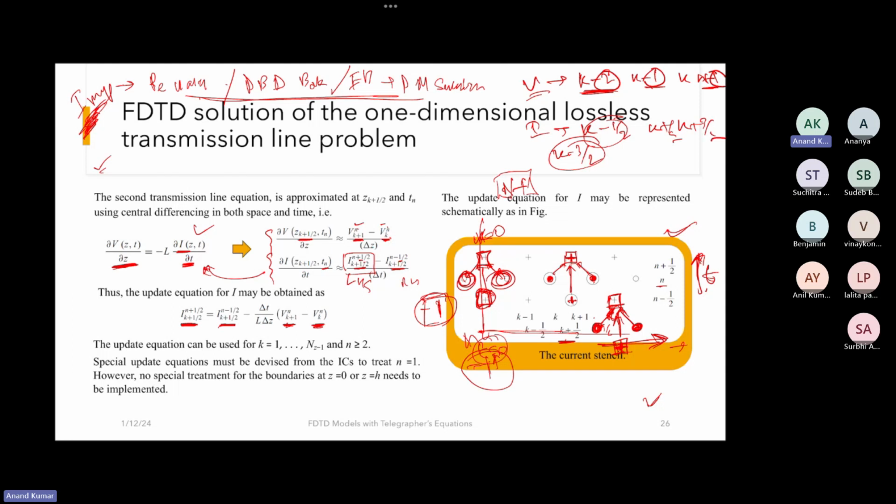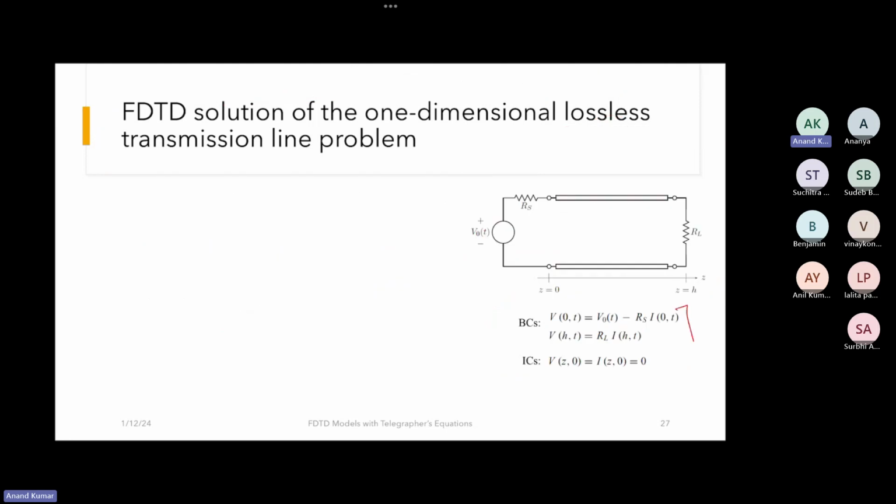Again, we don't have information at those points. So by using the boundary conditions, we'll try to eliminate the need to calculate voltage and current values at these points. These are the boundary conditions that we had discussed before starting the simulation problem. The first boundary condition was at the generator, which meant that the voltage at the start of the transmission line is equal to the voltage of the generator minus the drop across the source resistance, and similarly the voltage at the second boundary is equal to the potential across the load resistance.